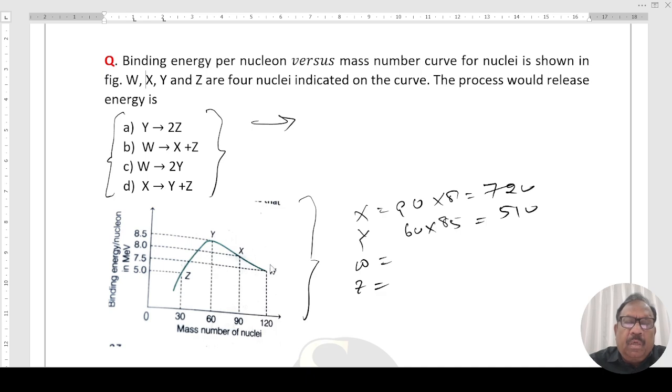The value of W is 7.5 into 120, that is 900. And the value of Z is 5 into 30, that is 150.